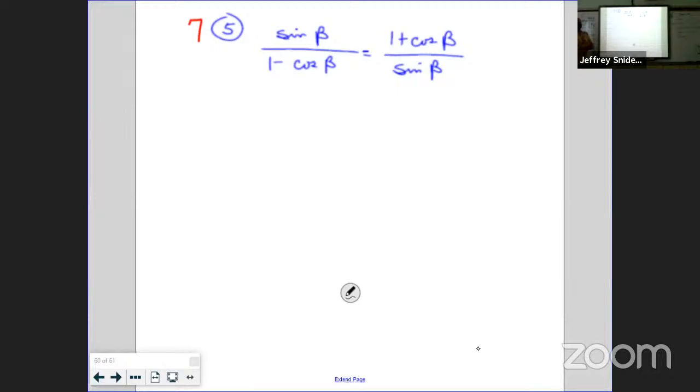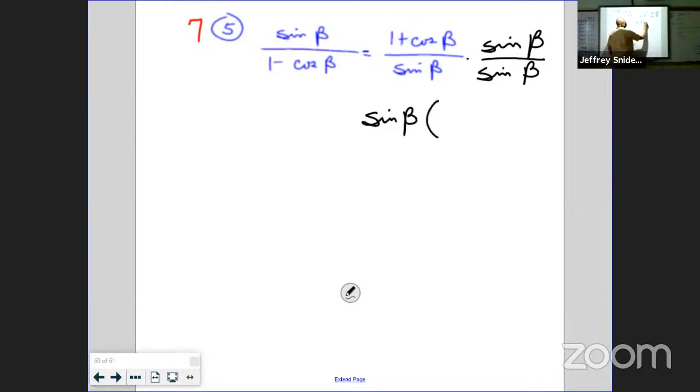I'm going to choose to multiply by sine beta over sine beta. Okay? So what do I get in the numerator? I get sine beta times 1 plus cosine beta over, the denominator is sine squared beta.